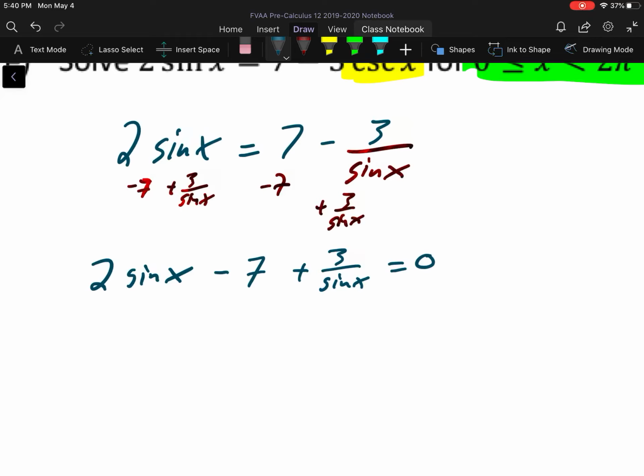But how can I add all of these things together? Well, I can get a common denominator.